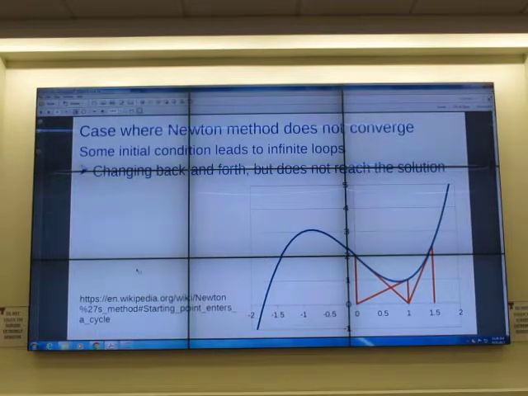Sometimes it doesn't converge. For example, this case. We know that the x that makes f(x) equal to 0 is somewhere over there. Okay? But if we start from 1.5, we go up, we reach the line, we get the slope, we follow the slope to find the next one.